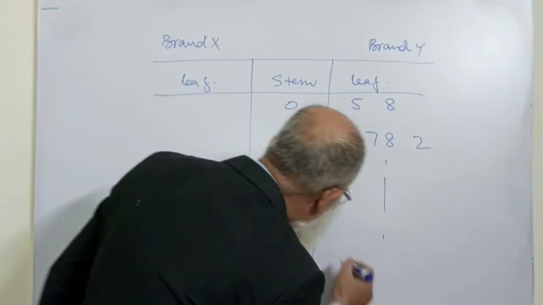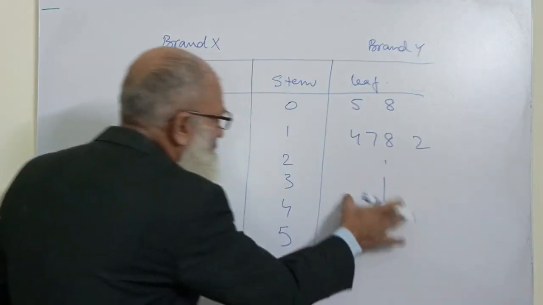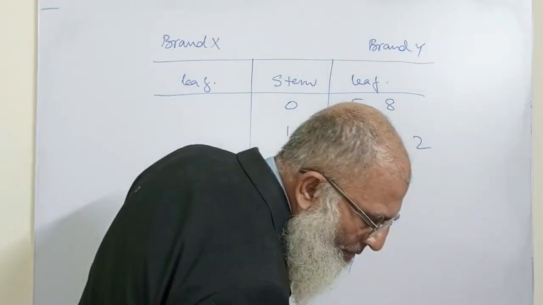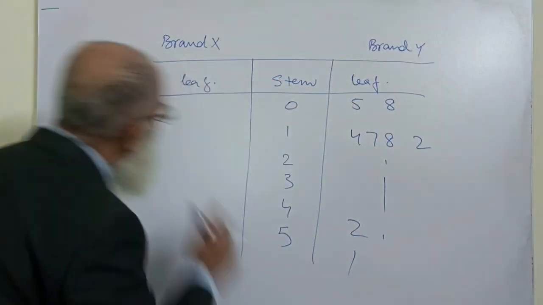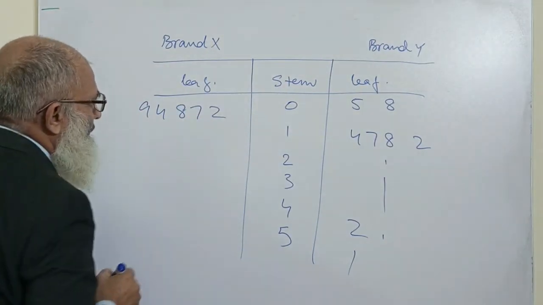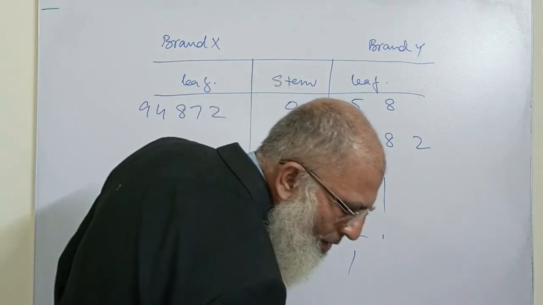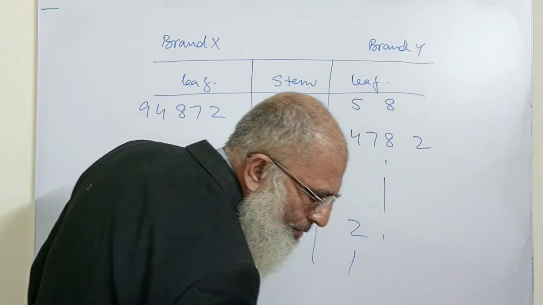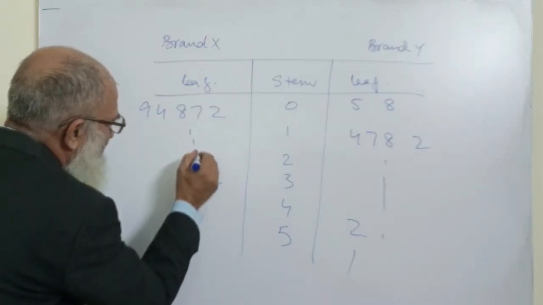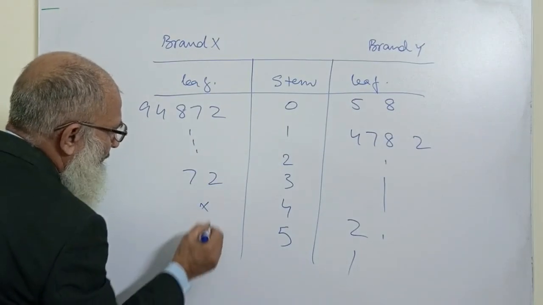For example, 2 and 1. Suppose there is data written over here, and some over here, and there is no data over here.